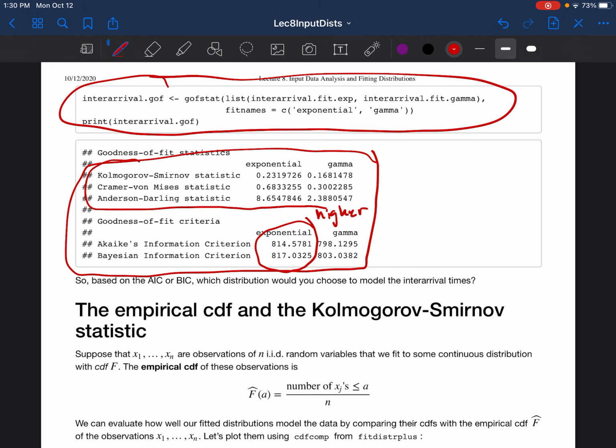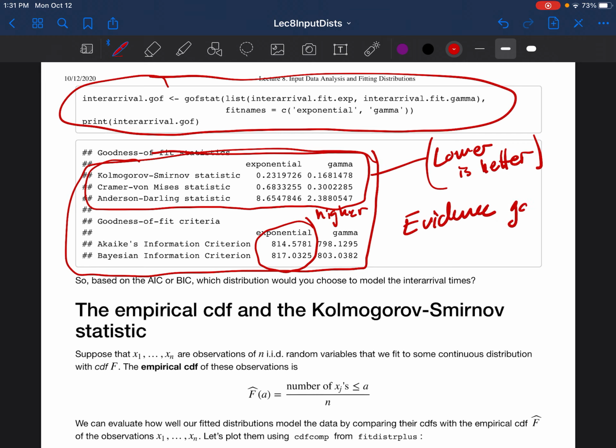I haven't talked to you about what these scores are, but you still want lower. But in any event, what we can say is the AIC and BIC provide evidence gamma is a better fit, because it was lower than the exponential.